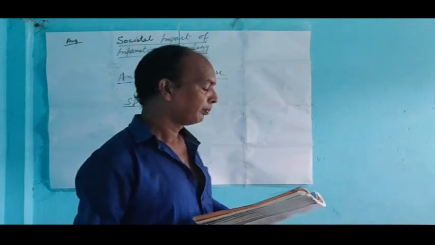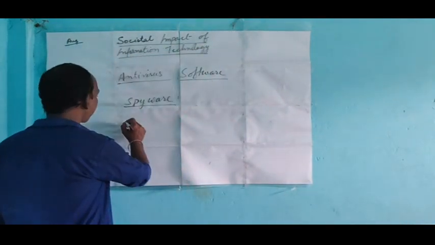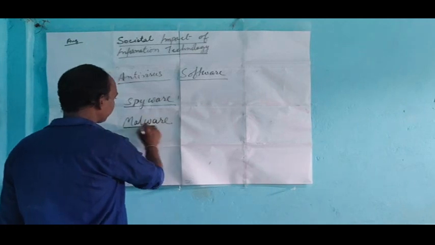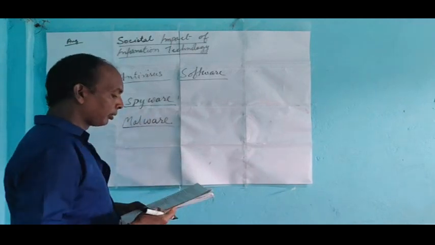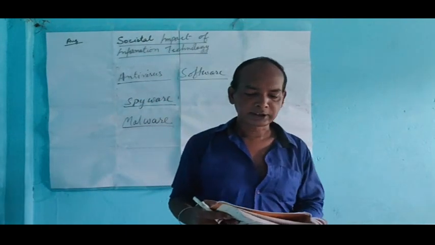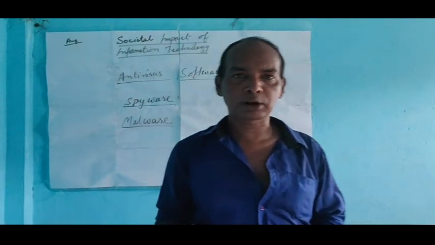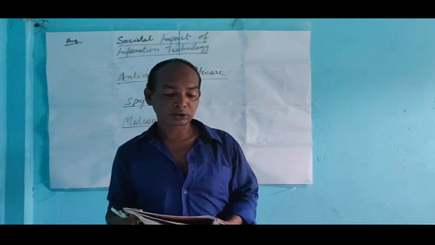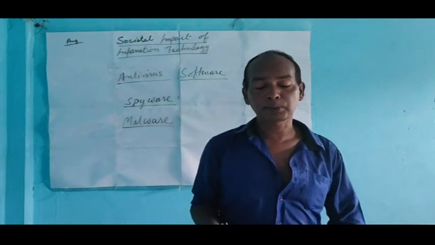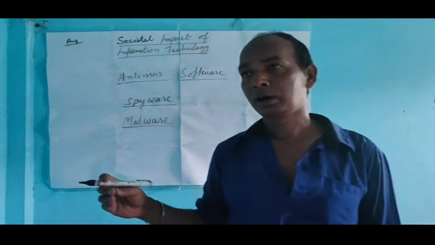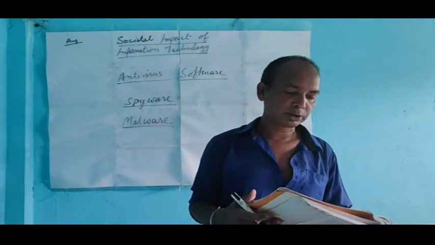Next part is malware. Malware means malicious software. It is a generic term used for any program designed to infiltrate a computer without the user's consent. These types of programs enter and install on your computer without the user's consent, and they will harm your computer.